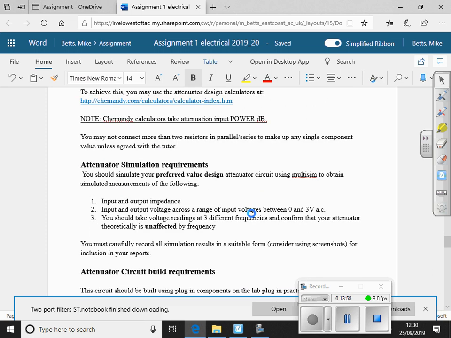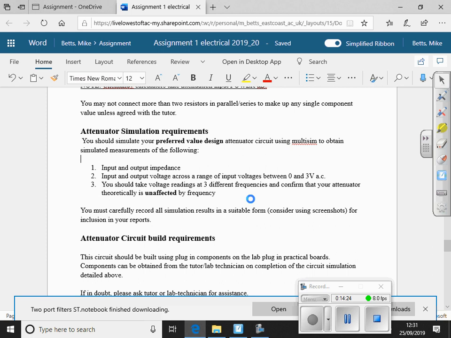You'll then build your circuit, and I'm going to assume here that we'll get machines with Multisim on. If not, I might have to modify this slightly. You build your attenuator circuit in a program called Multisim, and you can simulate an input and output voltage and get some results, and you can measure the input and output impedance of the circuit using the virtual instruments.